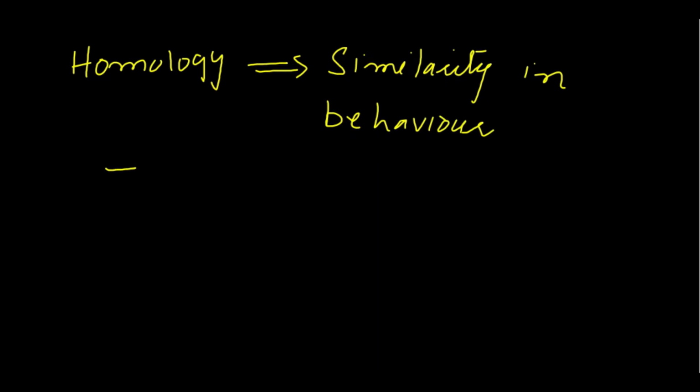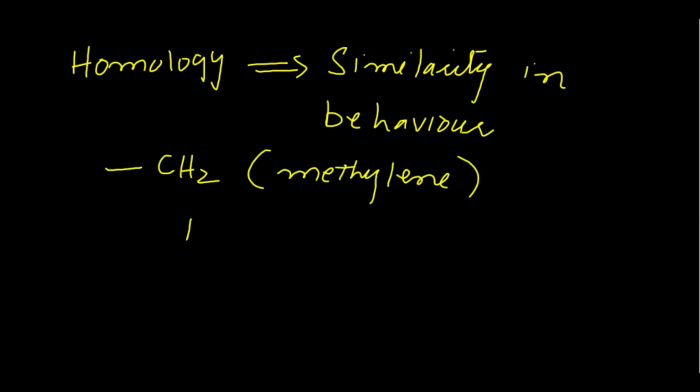Now students, a series of organic compounds in which adjacent members differ by a CH2 unit. CH2 unit is known as methylene. Right students? Adjacent members differ from each other by a CH2 unit or a CH2 group.